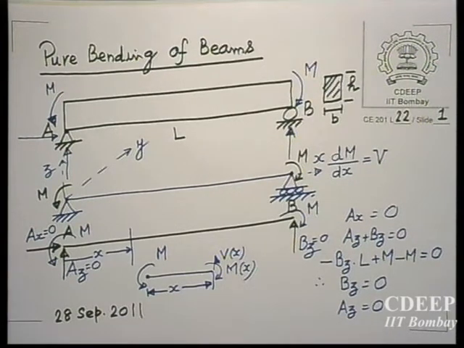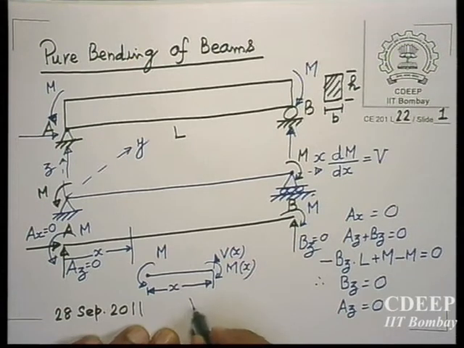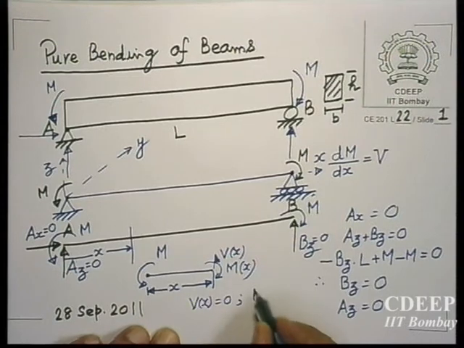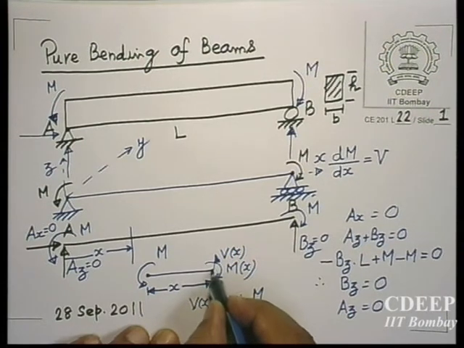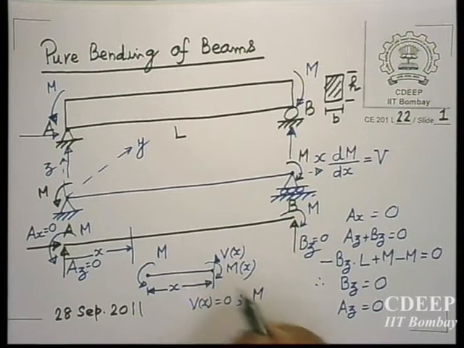Since there is no vertical load, Vx is 0, no shear force. And for Mx, you take moment about this point. This M is clockwise and there is an anti-clockwise moment over here.